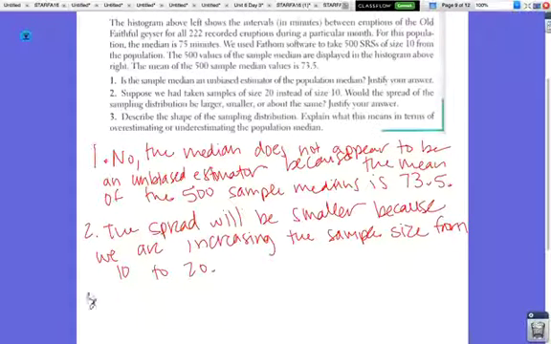So, we would say it's skewed to the left. And what that means is, in general, it underestimates the population median more often than it overestimates.